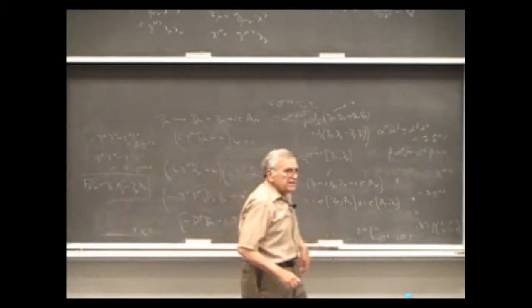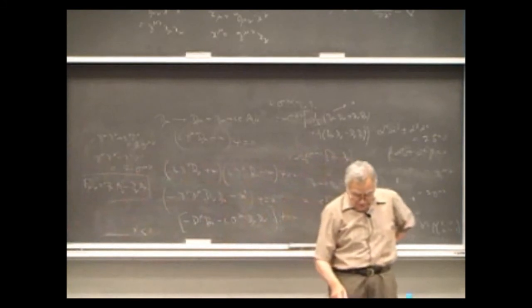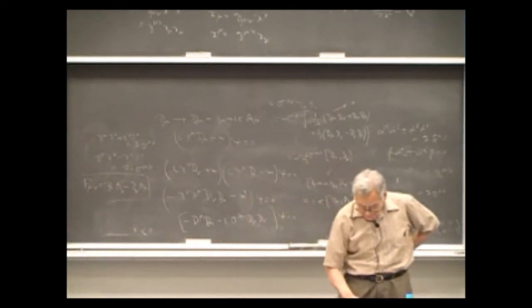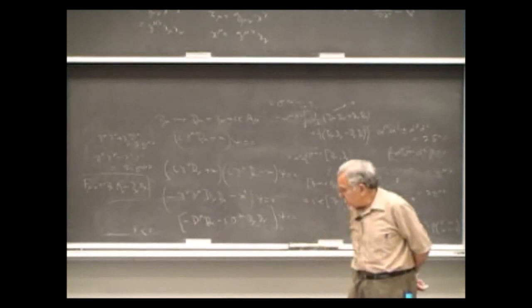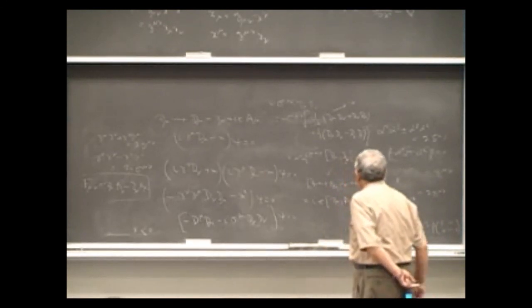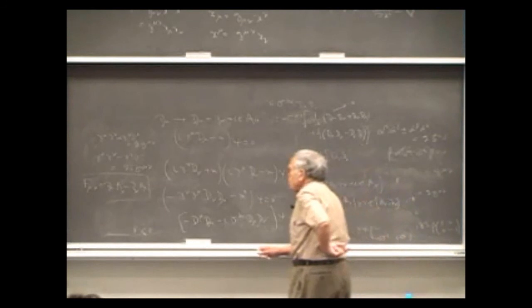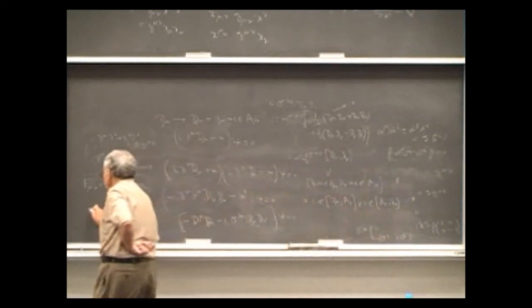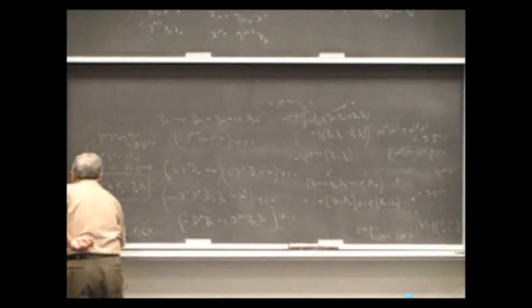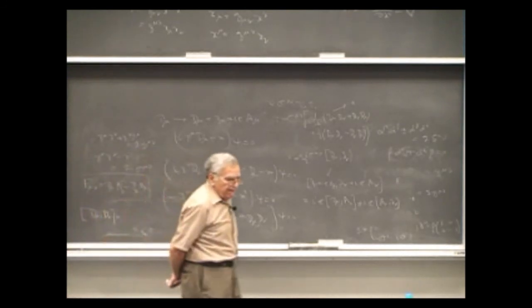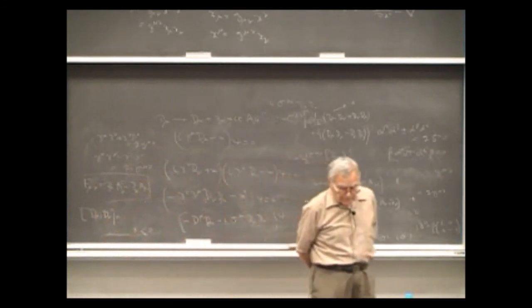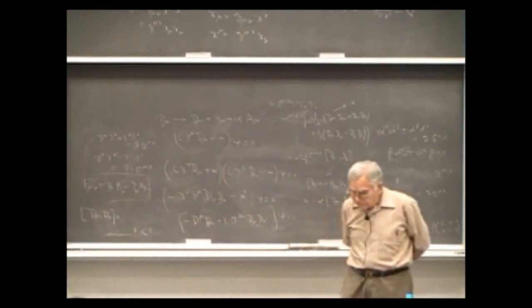If you work it out, the commutator which I have written here, D mu D nu, is equal to, as you can easily see, i e F mu nu.